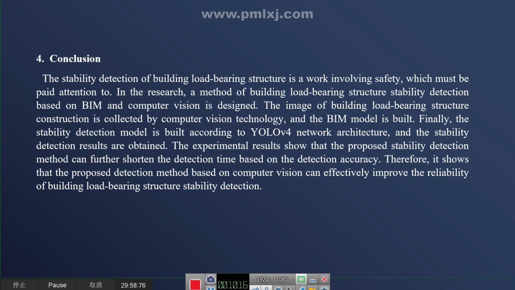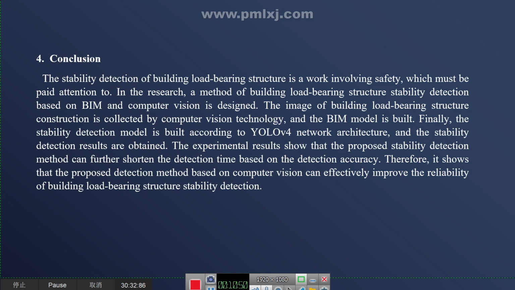Finally, the stability detection model is built according to YOLOv4 network architecture, and the stability detection results are obtained. The experimental results show that the proposed stability detection method can further shorten the detection time based on detection accuracy.